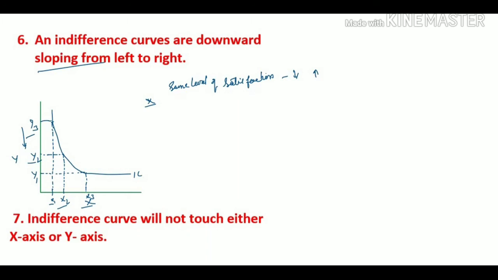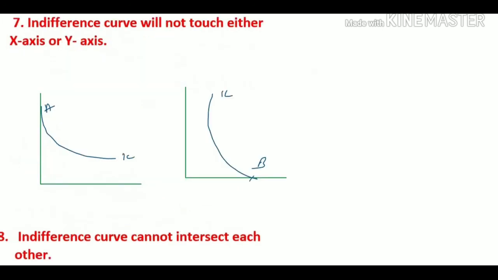In this way, the curve is downward sloping from left to right. Otherwise, it means the consumer is having only commodity X or commodity Y, which is not feasible under indifference curve analysis.